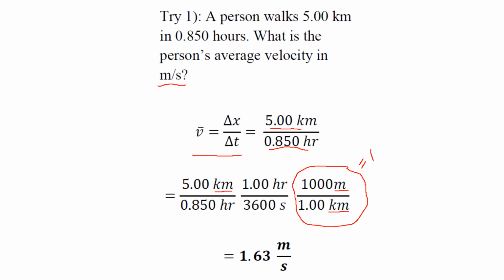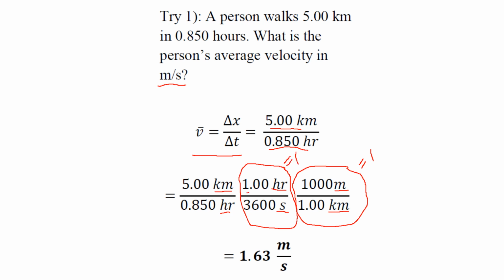Likewise, we want to get rid of hours and replace it with seconds. Hours is downstairs, so we want to multiply by something with hours upstairs. And we're replacing hours downstairs with seconds, so we want the thing we multiply by to have seconds downstairs. And we want the whole thing to equal 1, which it will if we choose a number of seconds corresponding to the number of hours we choose.